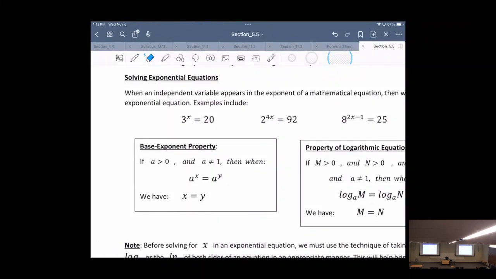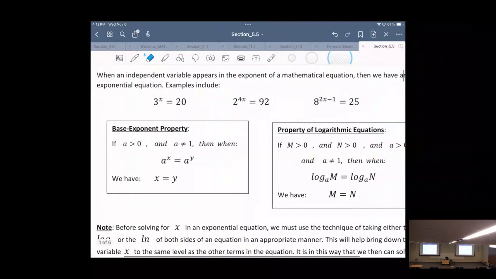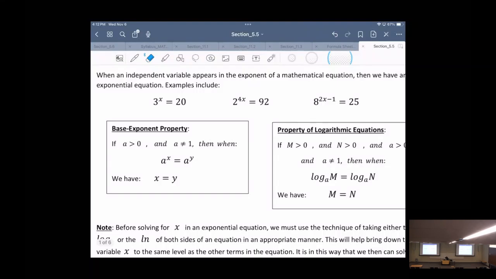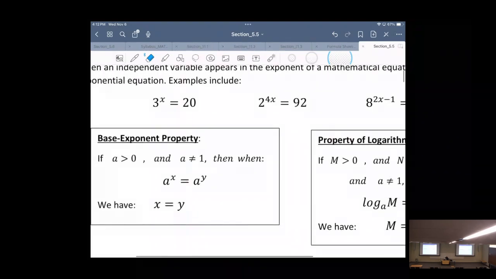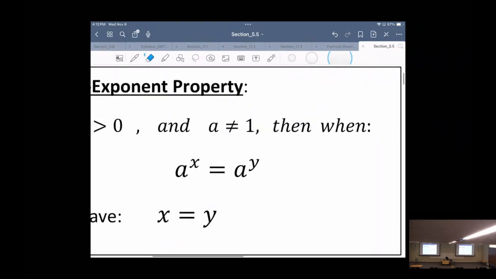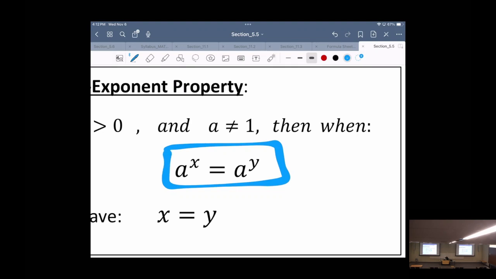So, generally speaking, in these two boxes that you see, there are two main techniques that we use to solve these kinds of equations. One is, if you look in this box, saying that if you have, let's say, 2 to the x power equals 2 to the 5 power.